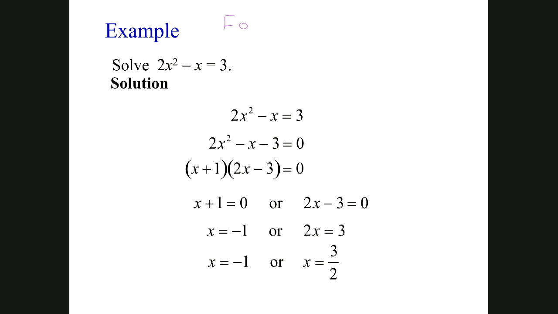Okay, if you want to review this one before the class, I'm giving you some free videos right there. Okay, so what is FOIL in here? FOIL is the first term, outer, inner, and the last term. Okay, so how do you factor the first term, 2x squared? Well, my first term, 2x squared, the only thing I can factor is 2x and x.